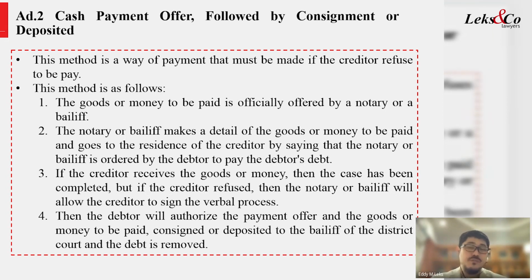So if you are the creditor, you are entitled to receive the money, right? Not refuses to pay, refuses to be paid. So you are entitled to receive money, but you don't want to be paid. We don't know, for whatever reasons.